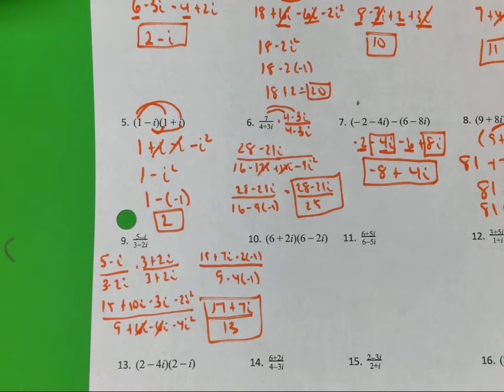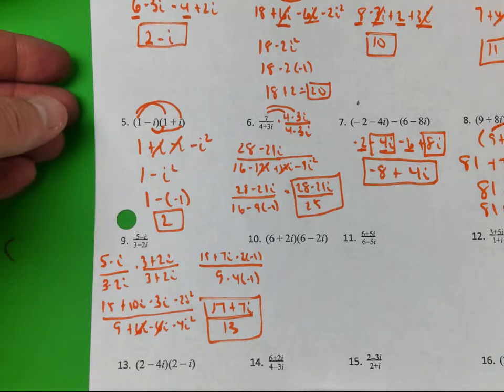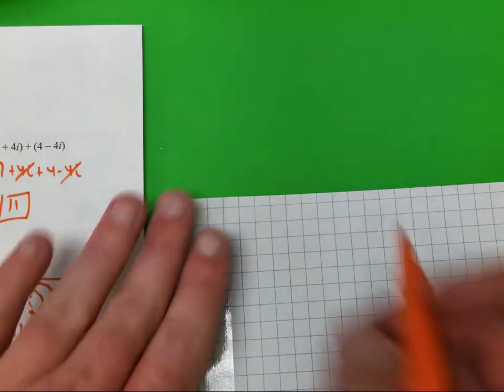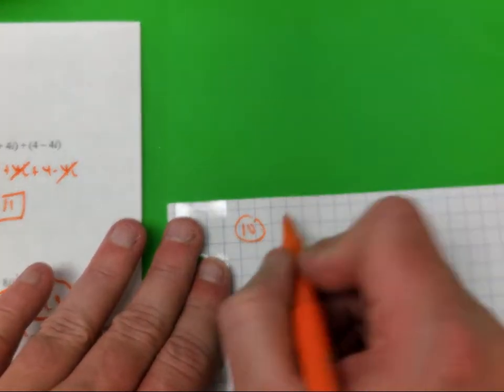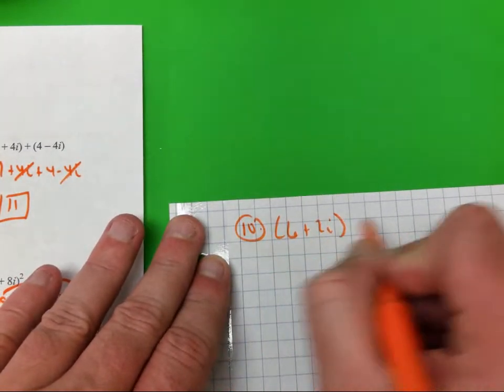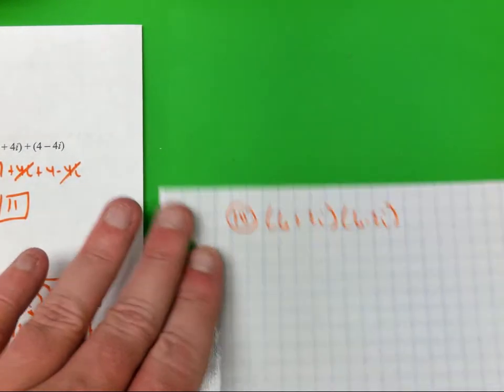Alright guys, I'm running out of room on here, so I'm going to write these problems on graph paper. So this is number 10, 6 plus 2i times 6 minus 2i.